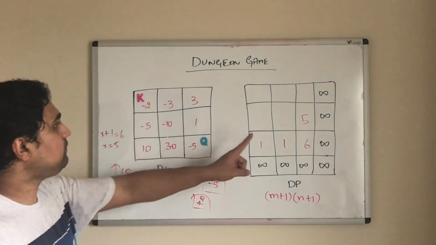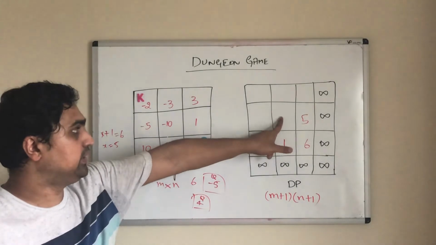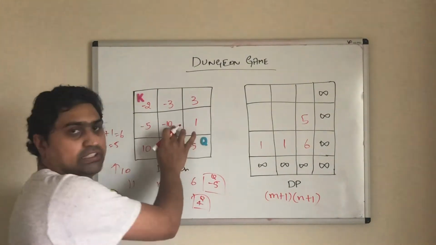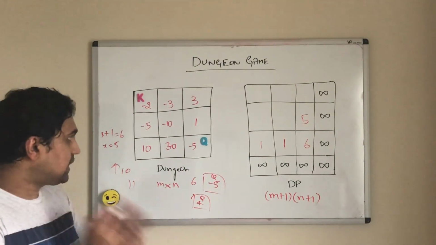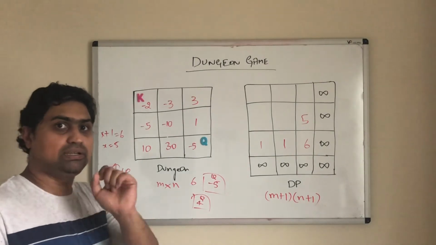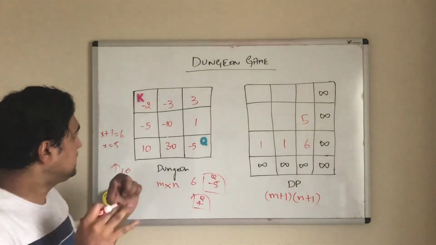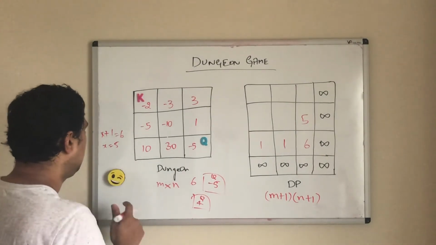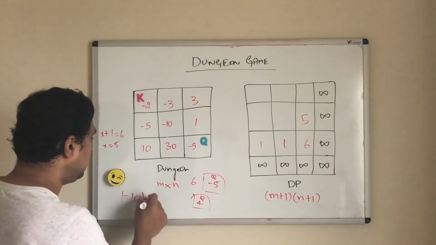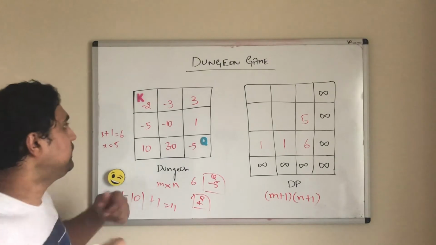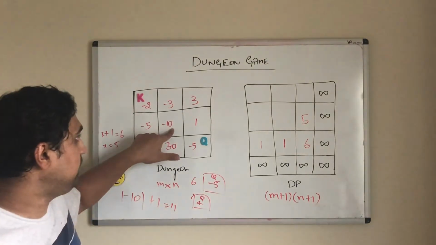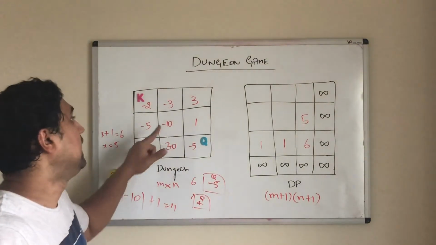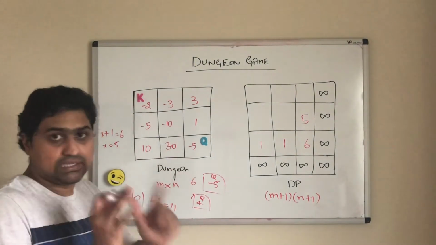Okay. Now let's compute the minimum health required by the knight here. This value here is minus 10. Now in order to survive, the knight requires a health that is at least 1 greater than this. So this is 11. If the knight has a health of at least 11, he is able to enter this cell and survive.